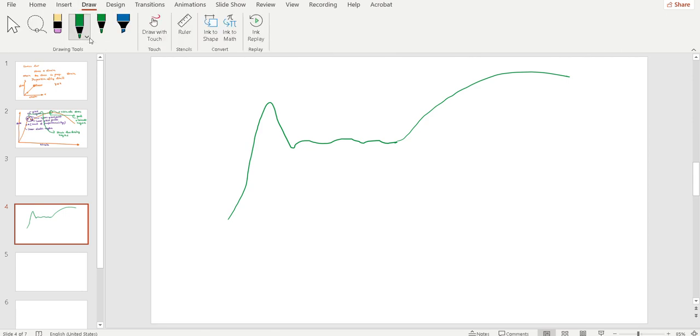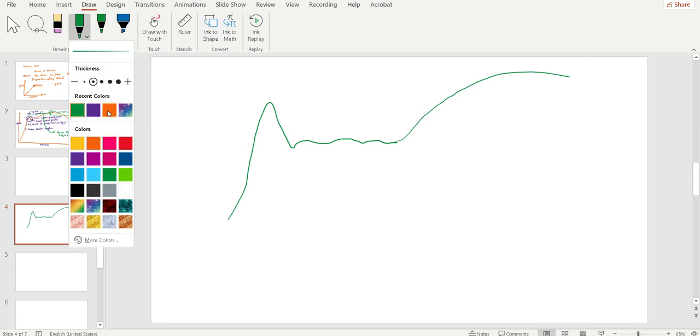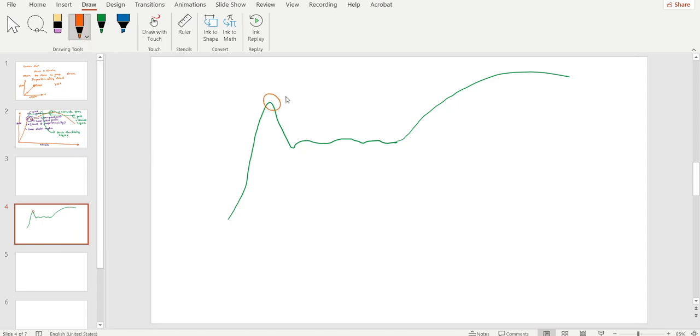This portion is called the upper yield point, and this point is called the lower yield point.